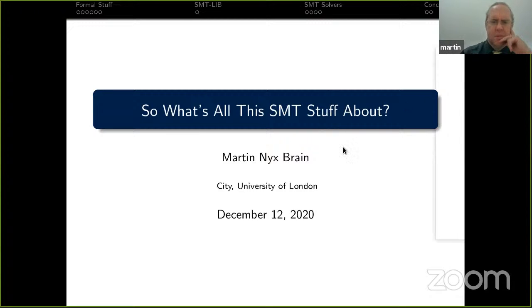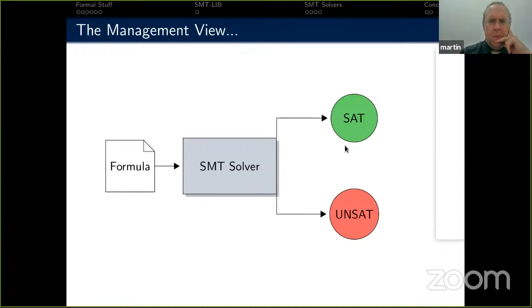What's all this SMT stuff about? So the management level view of SMT solvers is that it's a box. You put formulae in, and you get one of two responses out.